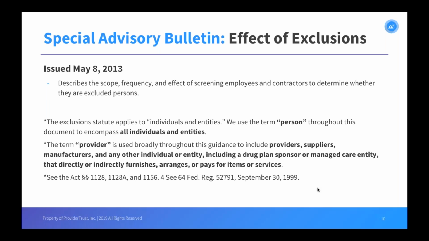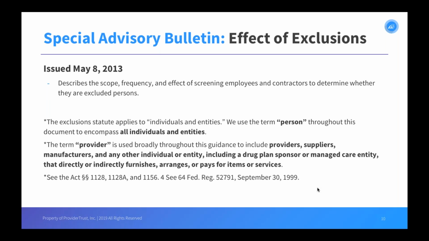These are quotes from the actual statute, the law, and or the advisory bulletin. In particular, the exclusion statute generally just identifies a person, but a person, when you look at the definition inside the statute, includes either an individual or an entity. So let's start there.